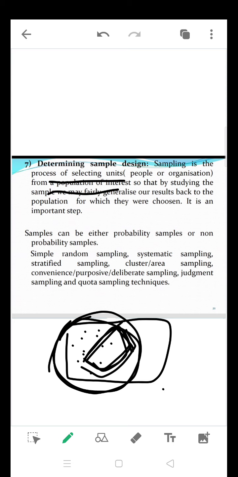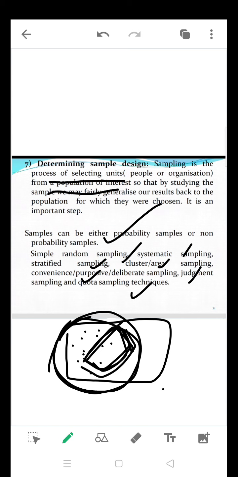So in sampling, it can be probability sampling or non-probability sampling. Either can be used in our research according to the nature of the problem or the issues selected for the research. In probability sampling, we have many types. I just mentioned here: simple random sampling, systematic sampling, stratified, cluster, convenience, judgmental, quota sampling techniques.